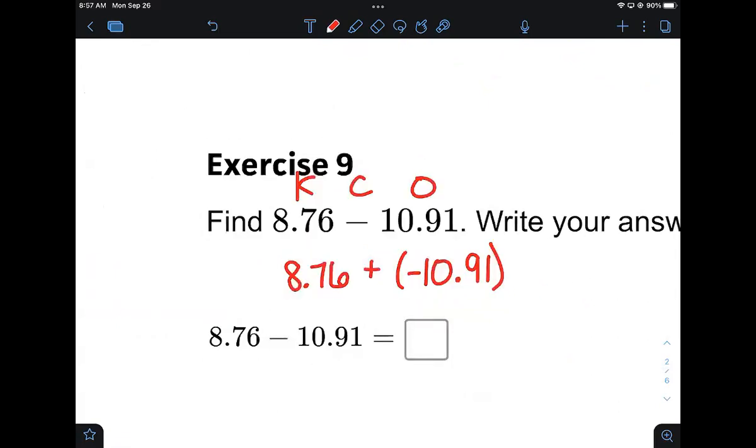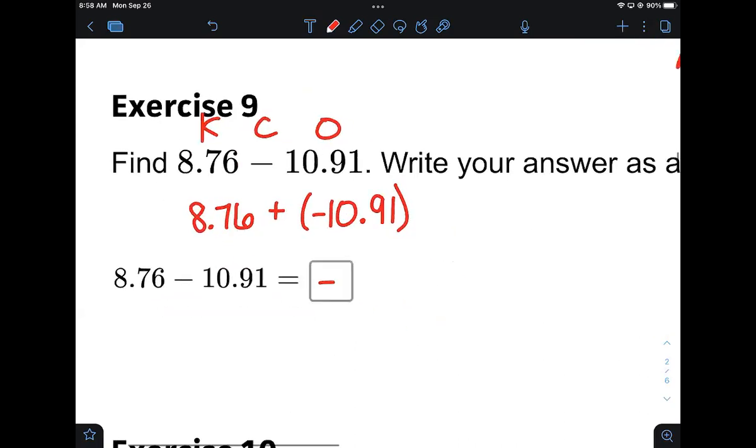Change the subtraction to an addition symbol, change 10.91 into -10.91. Now that it's an addition problem, I can ask you this very important question. Are you joining forces or are you going to war? Because we'll get 2 very different answers, depending on what you said. We're going to war. Which army wins the war? Negatives. I know my answer should be negative. And this right here is also extremely important, because I saw a lot of people not do this on their quiz, and this is why they got it wrong.